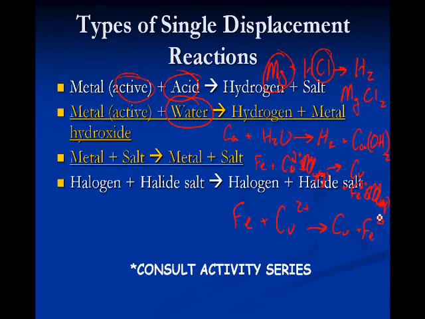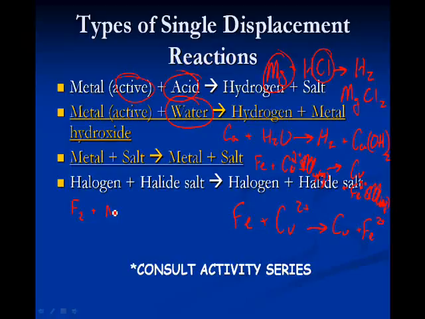If you have a halogen, now remember that's group 7 on the periodic table, chlorine, fluorine, iodine. If you have a halogen and a halide salt, you will get a halogen and a halide salt if the halogen is more reactive than the halogen in the halide salt. So for example, you know that fluorine is the most reactive. So fluorine is going to replace any other halide in a salt.